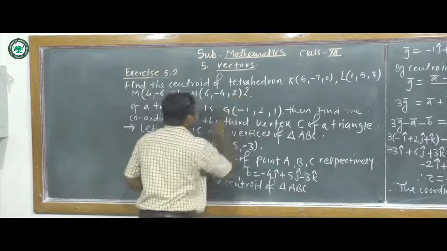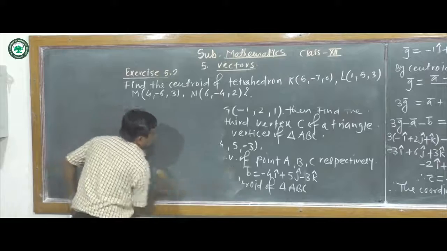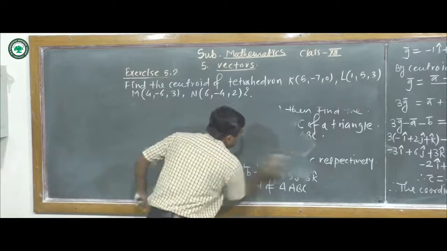So here we have to find the centroid of this tetrahedron KLMN.